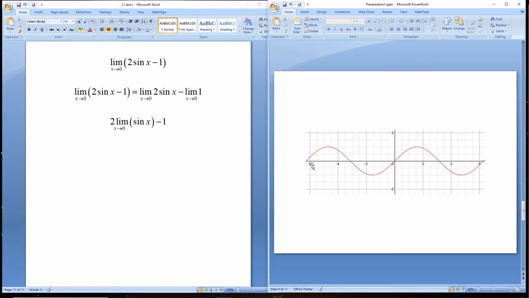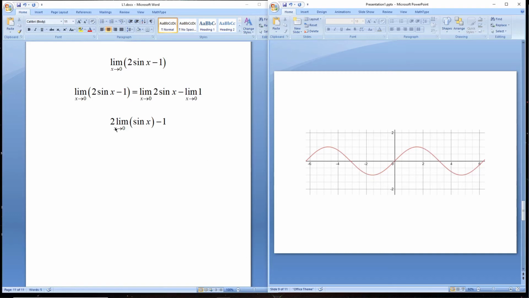And you can see the sine function is one solid line. And because the sine function is one solid line, the limit exists everywhere. Because no matter what point I pick, my two people can always come from the left and the right and meet at exactly the same place. So sine everywhere has a limit.